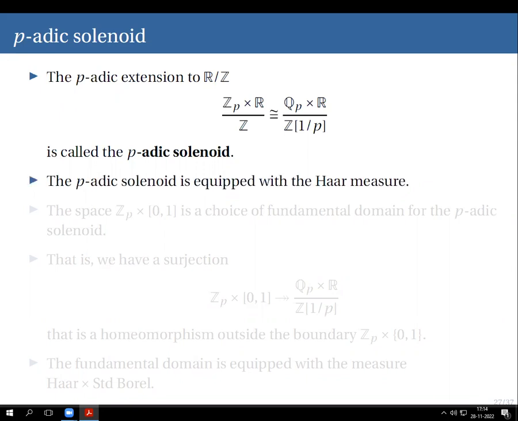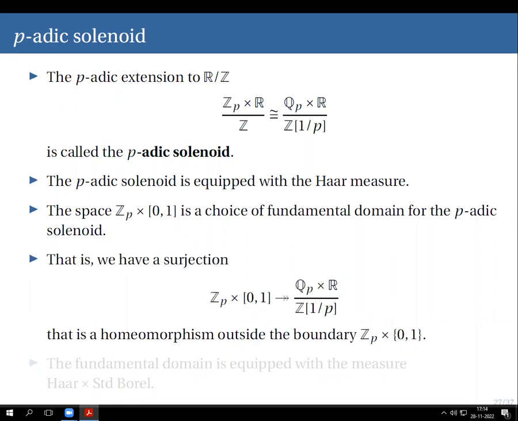This is just a group, so you can add things. It's a compact group with a Haar measure, so you can normalize the Haar measure to be a probability measure. Just like in the modular curve case, you have a choice of fundamental domain, and it's the simple domain Z_p cross [0,1).